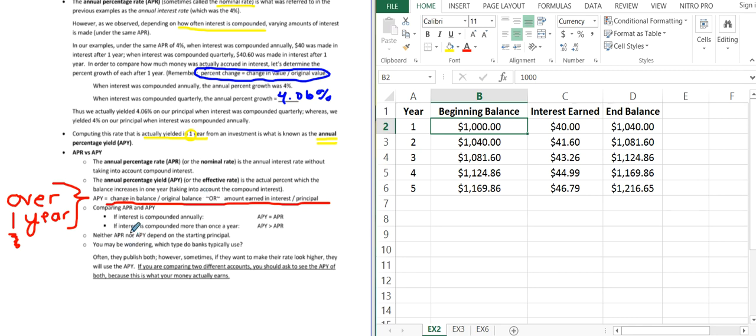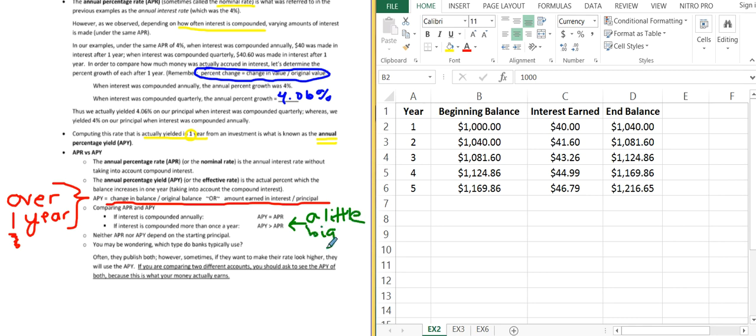If interest is compounded more than once a year, and a lot of times it's quarterly, monthly, something like that, then your APY is going to be a little bigger than your APR. But again, I'm going to emphasize, it's just going to be a little bigger, right?